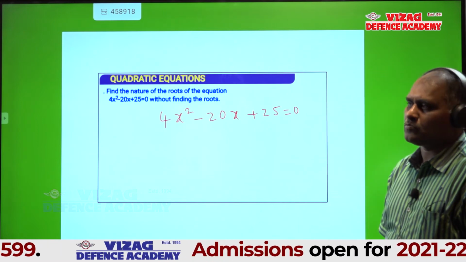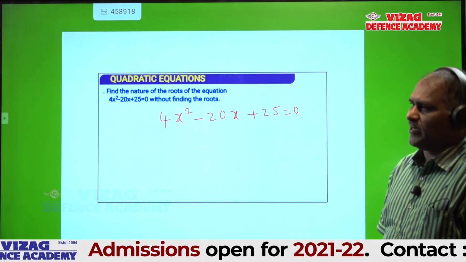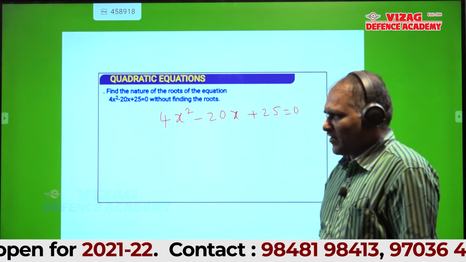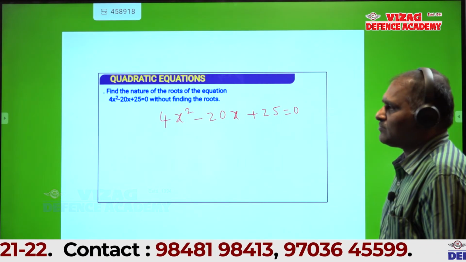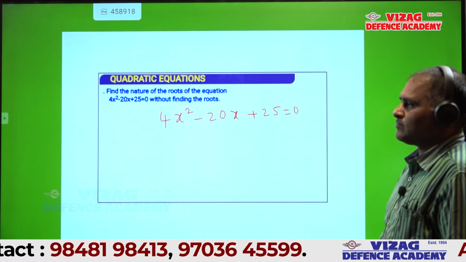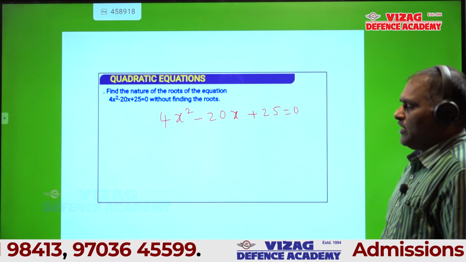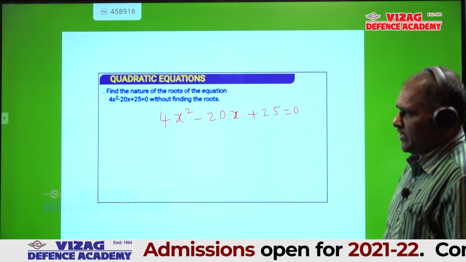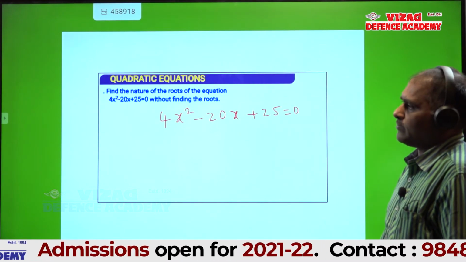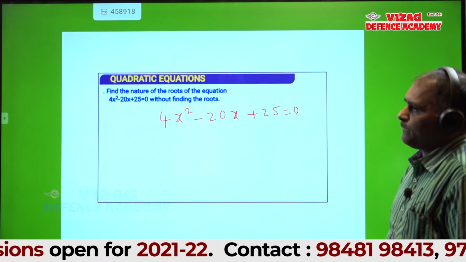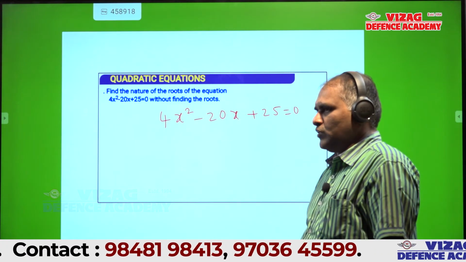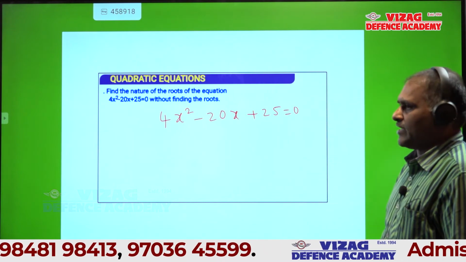Real and equal. Find out. Don't leave the class. You can stay back up to class ending. If there is a network issue, reconnect.